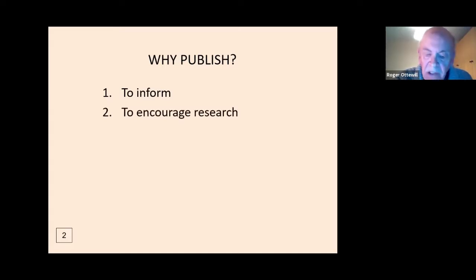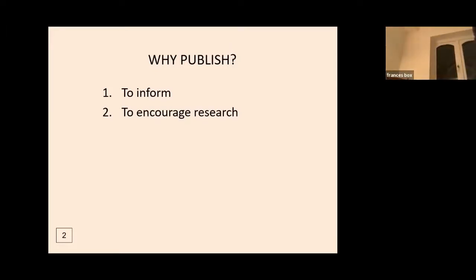A second reason is to encourage research, local history research, of course. Many of us are engaged in this activity, and many of us are often motivated by the knowledge that the results of our research labours can reach a wider audience through a publication of some kind.